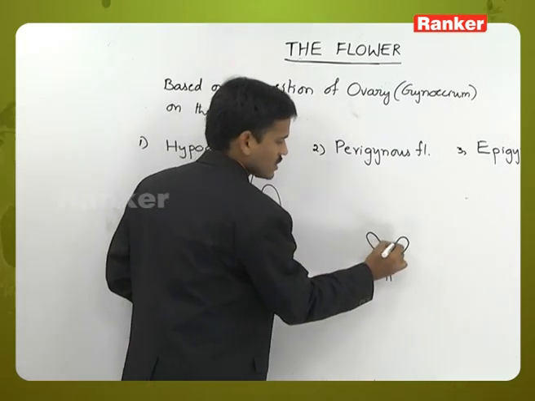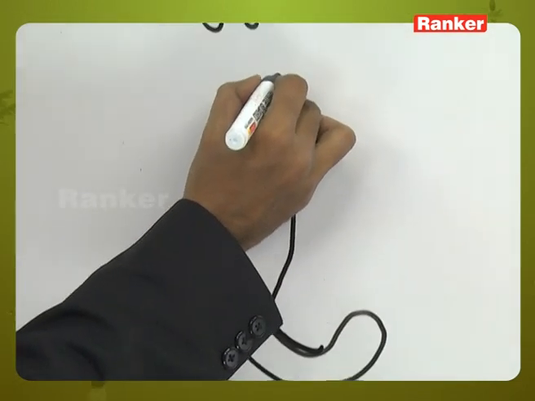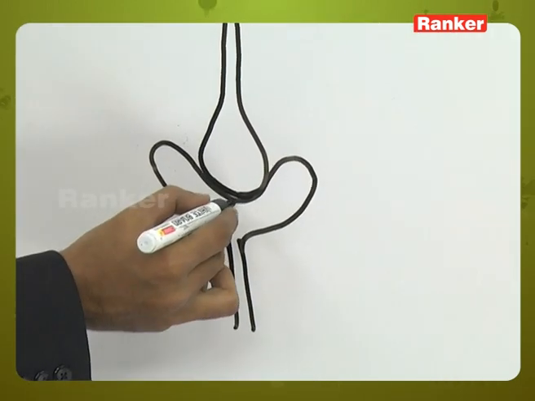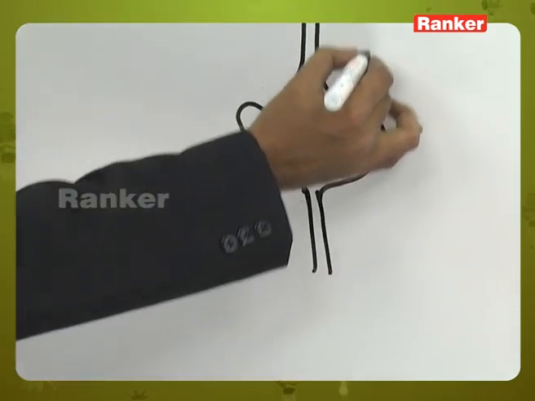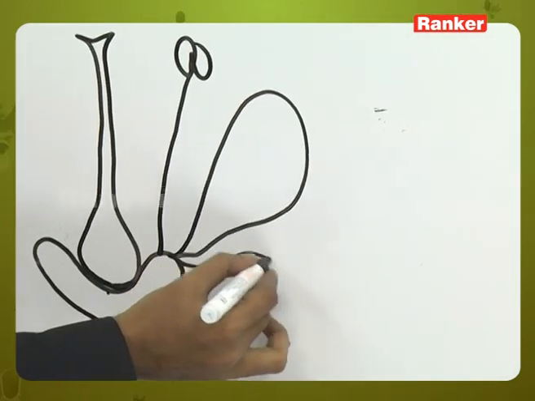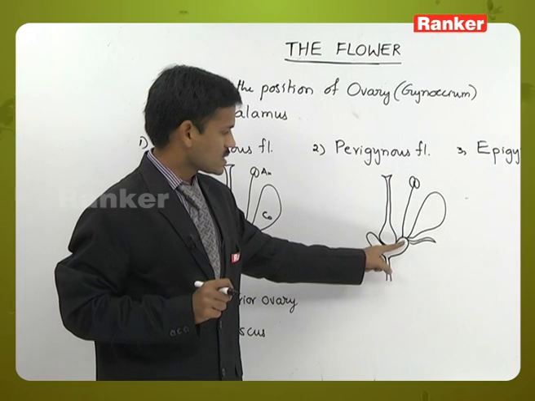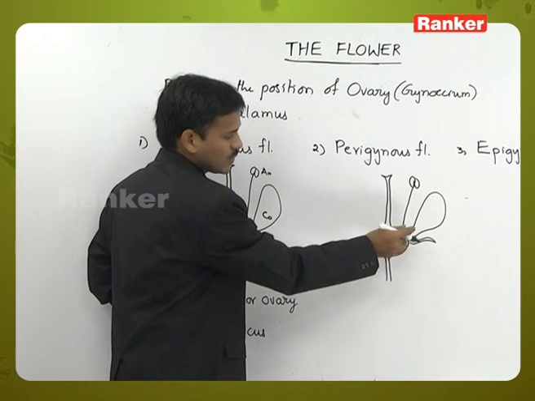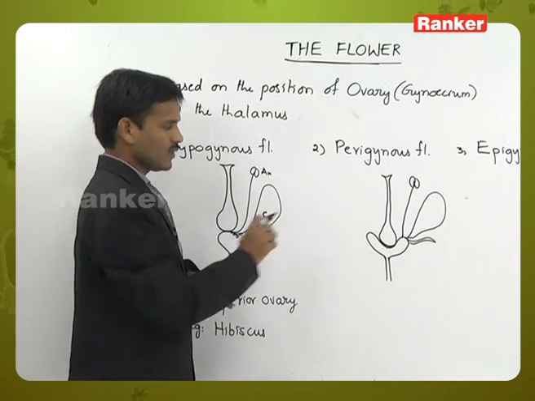On this thalamus the ovary is attached only in the basal region, and the remaining floral parts, stamens, petals, sepals, are arranged or attached on the margins, on the rim of the thalamus. So here the ovary and the remaining floral parts are all arranged in the same or equal position.